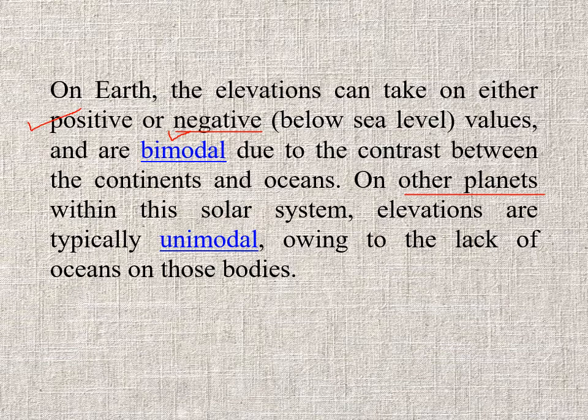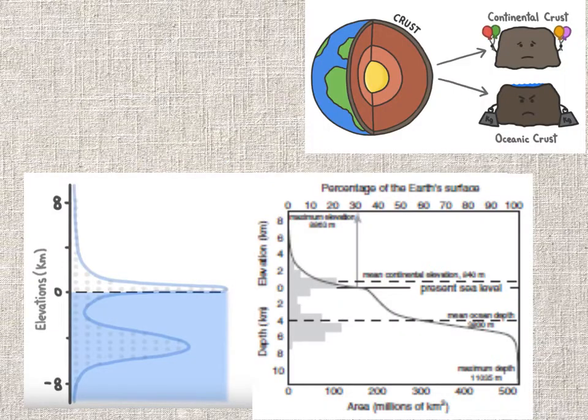Now, why does this occur? As I told you, the hypsometric curve is the histogram or cumulative distribution function of elevation. What we actually do: suppose you are going from your academic institution, your college, to your home.